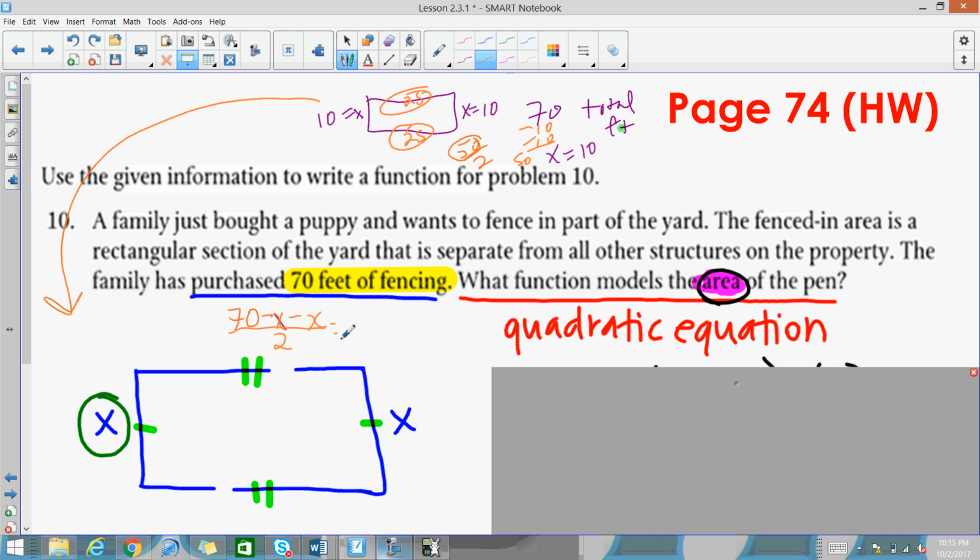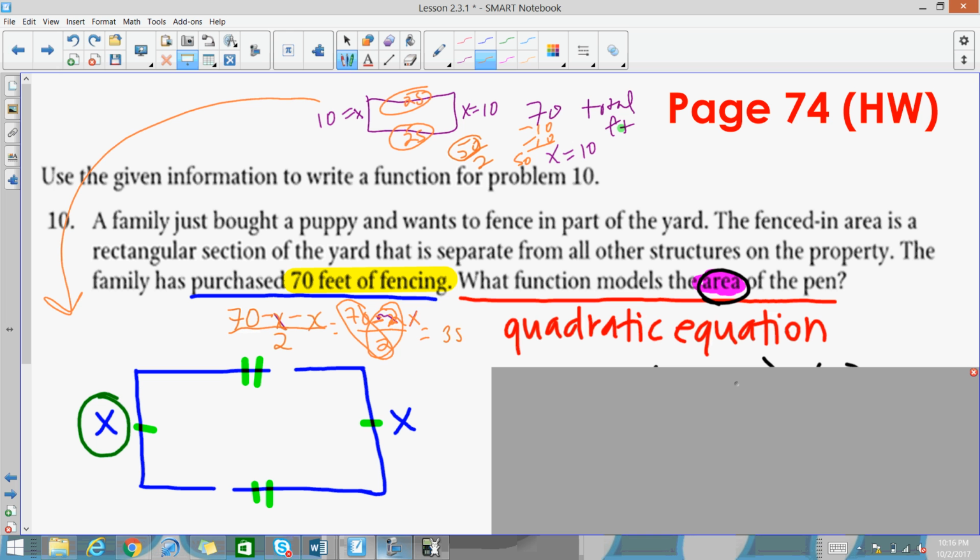And what we can do is simplify this. 70 minus x is 70 minus 2x, over 2. All right, and now you can simplify. Check this out. 70 divided by 2 is 35. And then, ready?